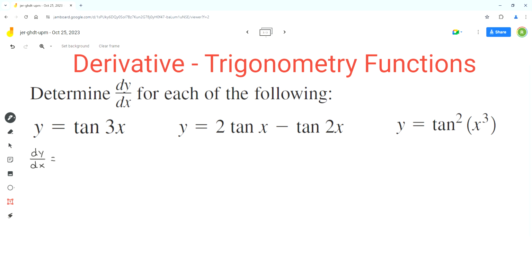So the first term is secant squared 3x times the derivative of the inner function, and the inner function is 3x, and the derivative of 3x is 3 times 1. So 3 is the coefficient of the term, so it stays as it is, and the derivative of x is 1.